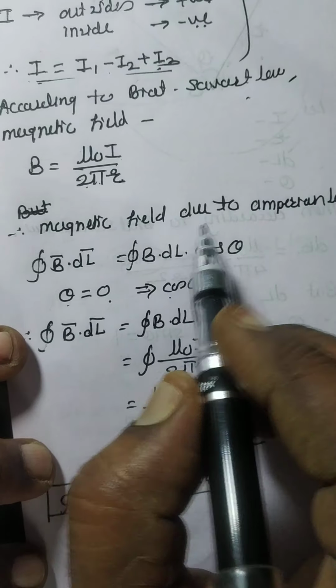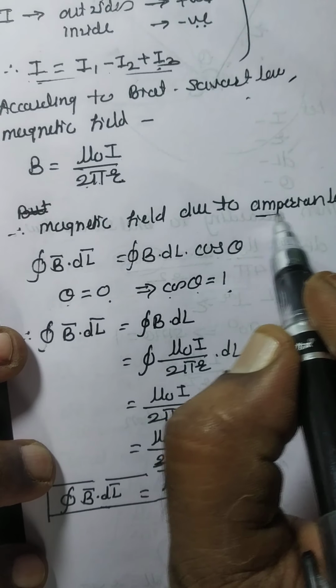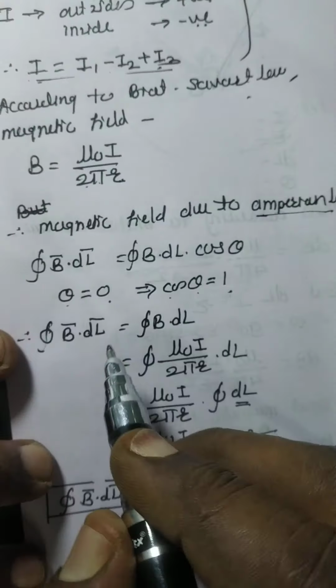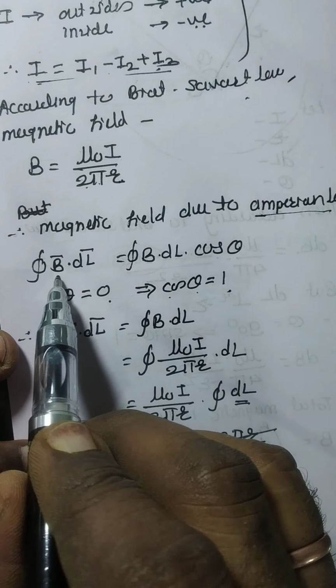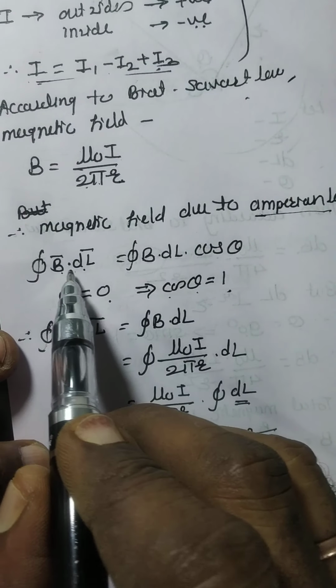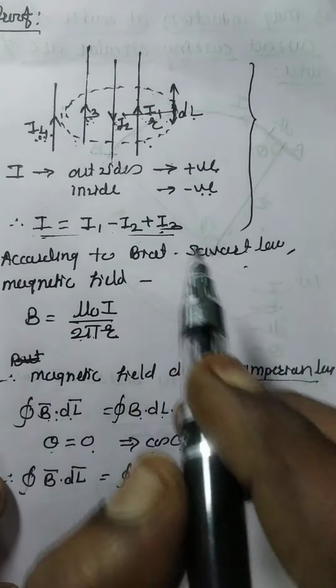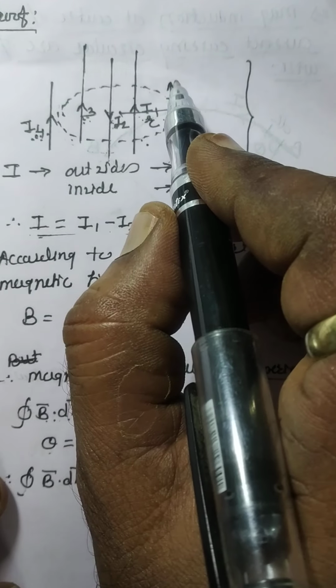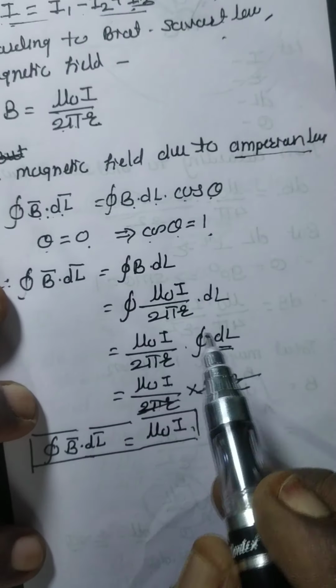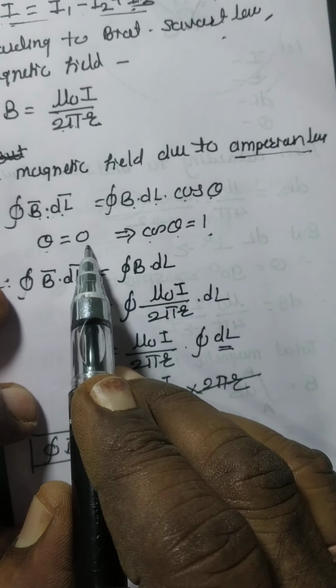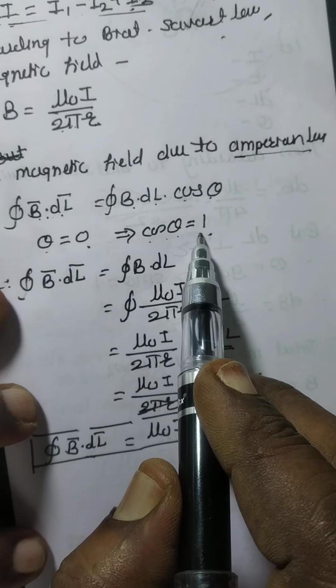Therefore, the magnetic field due to Ampere's loop, आता आपण हे एम्पियर लूप घेतोय. B dot dl, dot product, means B into dl cos theta, but the magnetic field is along the length of the conductor and therefore the angle between them is 0, that is cos theta is equal to 1.